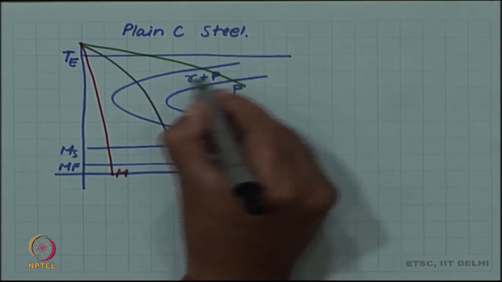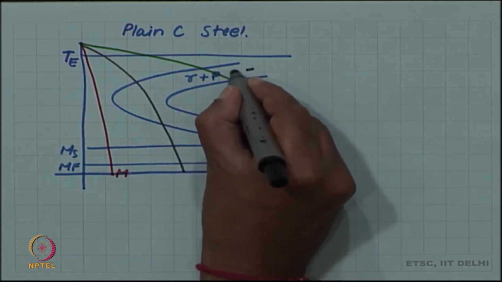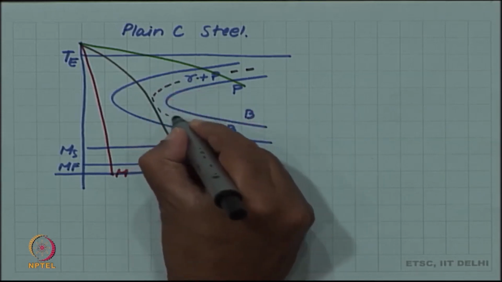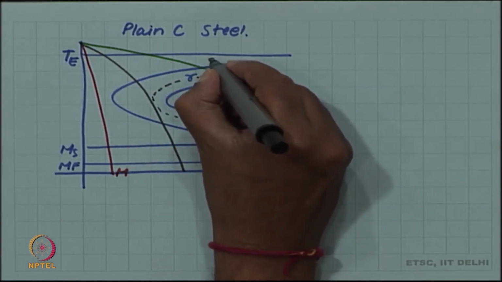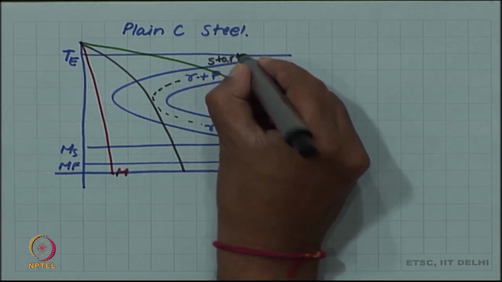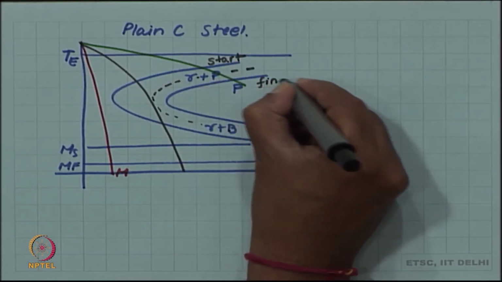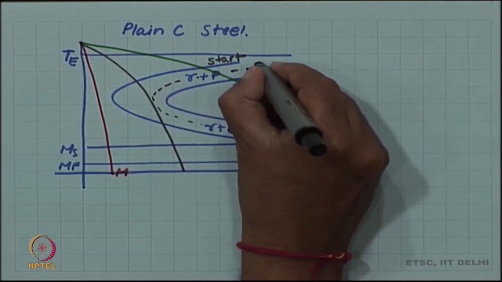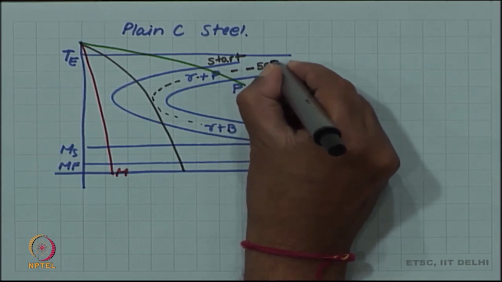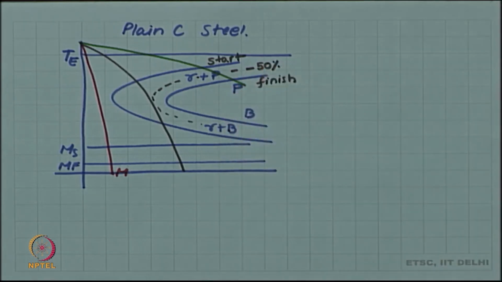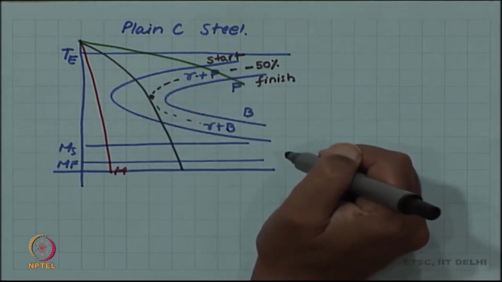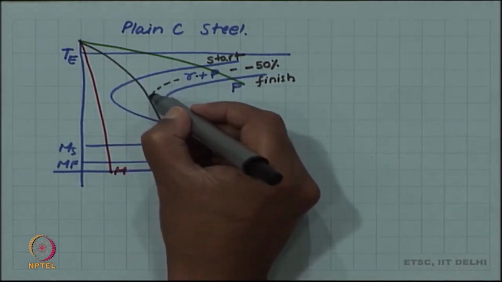In this kind of intermediate cooling also, just like we have C curves for start and finish, you can have C curves for different amounts of transformation. So, this will be, let us say, the C curve for 50% transformation, and this black curve is touching the 50% transformation, and the transformation is happening above the nose.